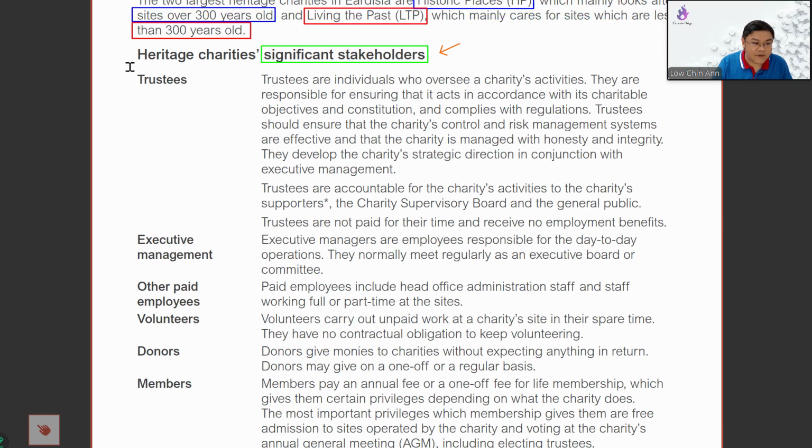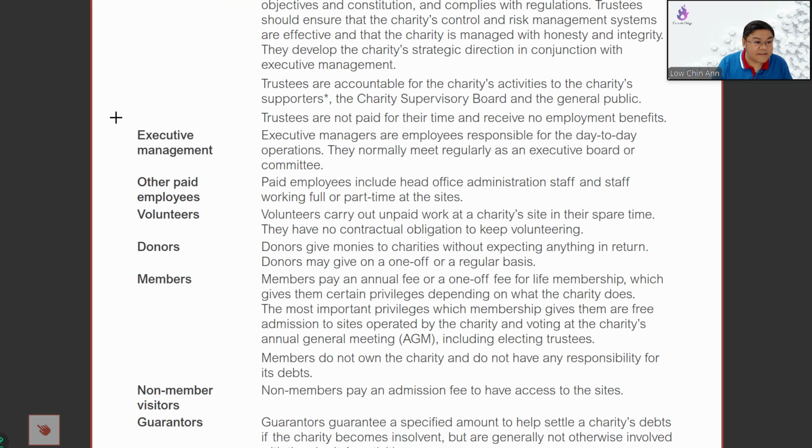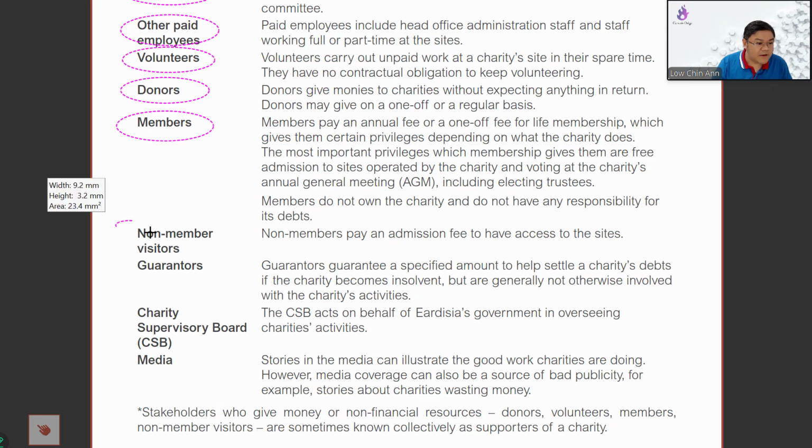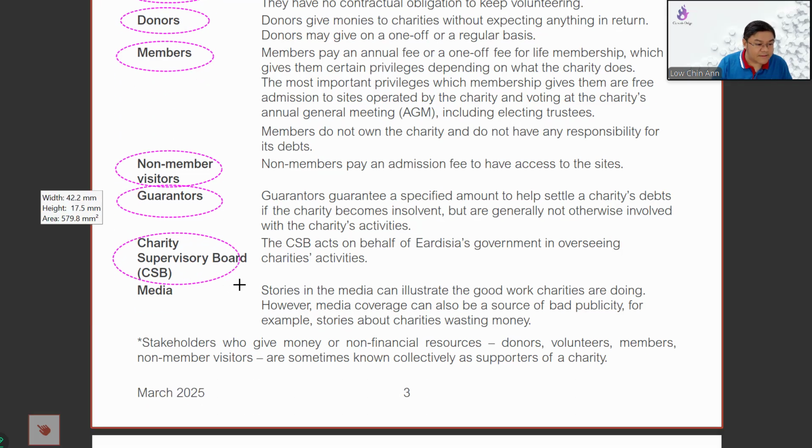Just a quick one. They have trustees, executive management, paid employees, volunteers, donors, members, I don't know who are members, non-visitor members, they have guarantors, and SCB is the regulatory body, and even the media.